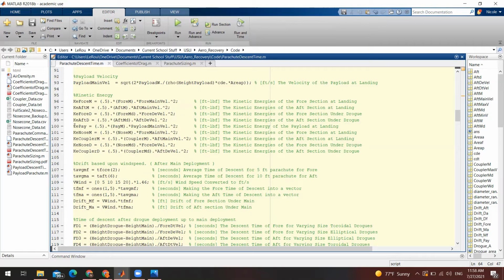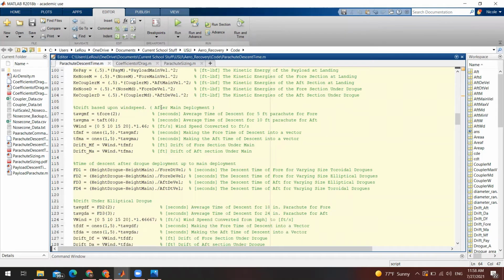The payload only has one because under the drogue chute it's just within the fore section. It stays inside there during that time, so it's only using its parachute after the main has deployed.